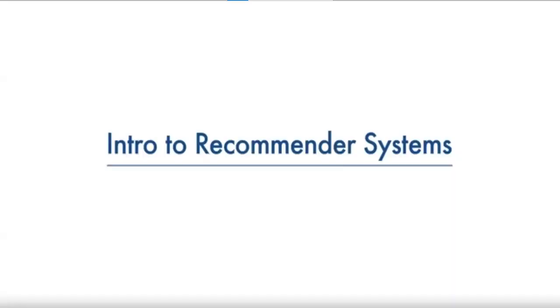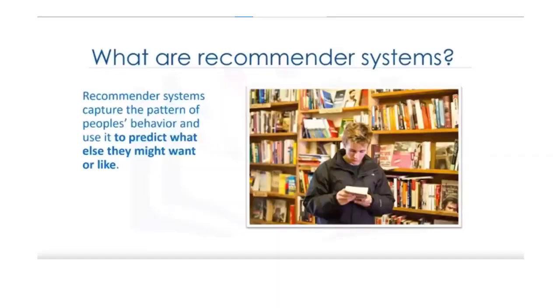Now let's understand what is the basic mechanism of this recommendation system. A recommender system is an algorithm that captures the pattern of people's behavior and uses it to predict what else they may want or like.